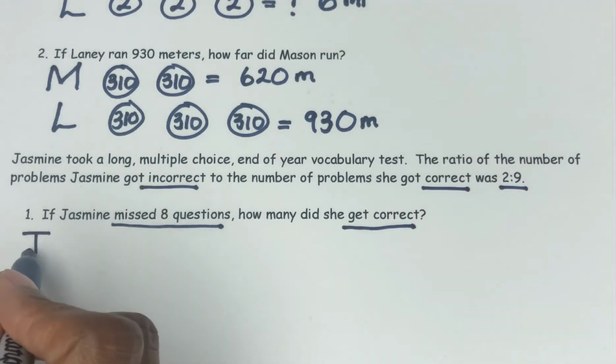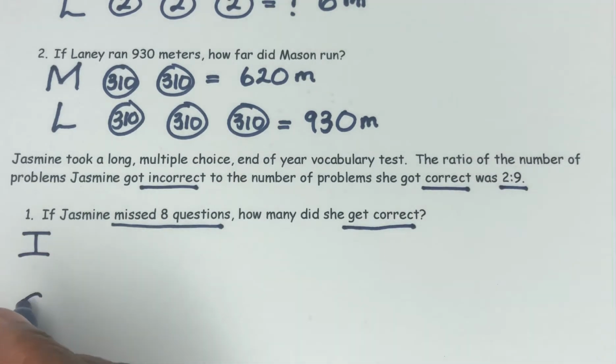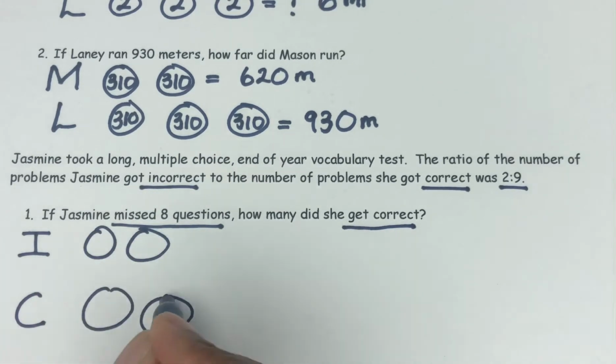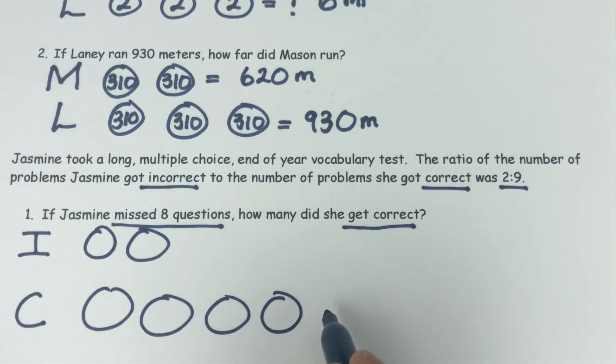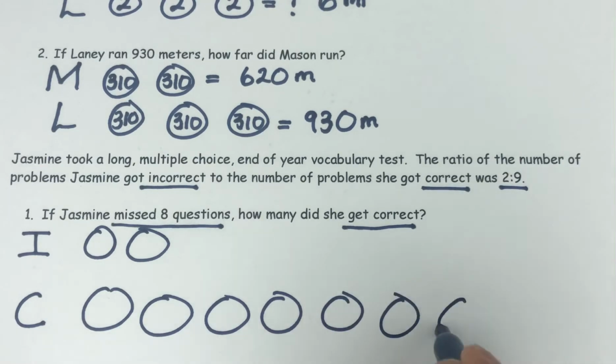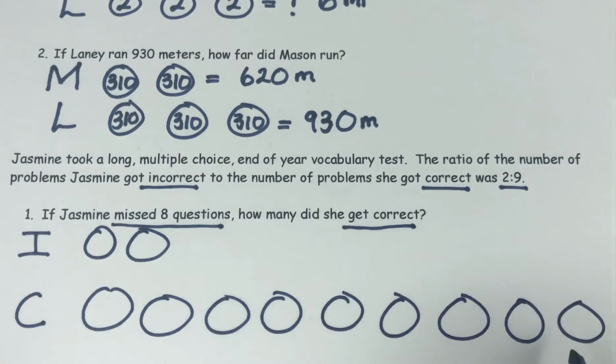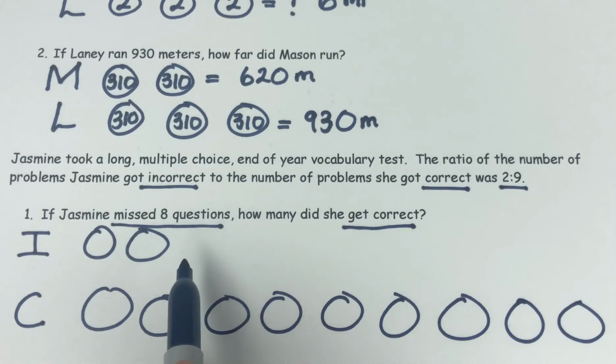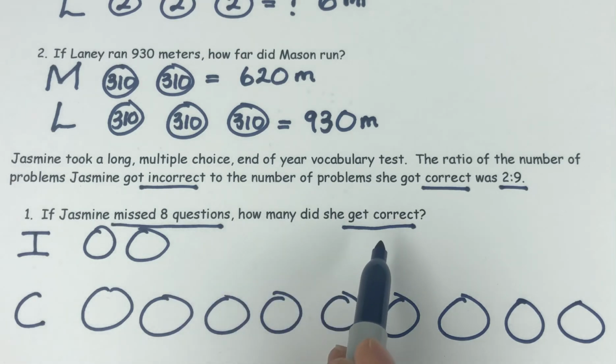So incorrect questions to the correct questions is 2 to 9. Right, so you've got to keep it proportional. Okay, so once we've got 9 here, right? Now they said she missed 8 questions. So if she missed 8 questions, how many did she get correct, right?